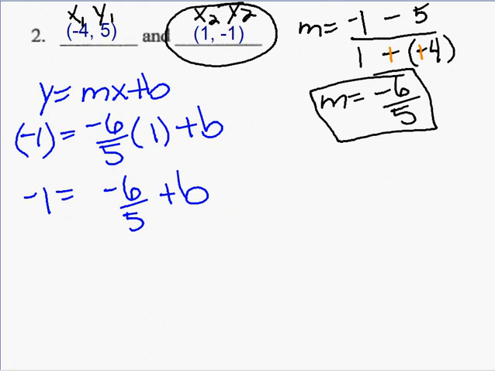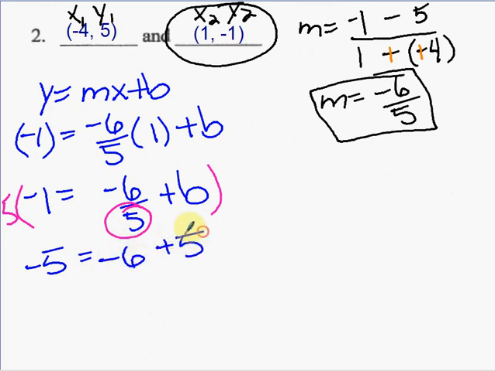Now here's the part where this is a little tricky because we have this fraction. And what I'm going to do is multiply by this number right here, this 5, to get rid of the fraction. That'll make life a little bit easier. So we have negative 5 when we multiply, equal sign. This 5 and this 5 right here, when we multiply, cancel each other out, so we're just left with the negative 6. And then we have to put the 5 in front of the b. So everything got multiplied by 5.